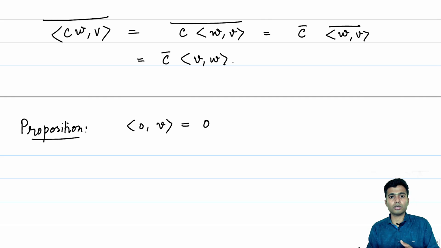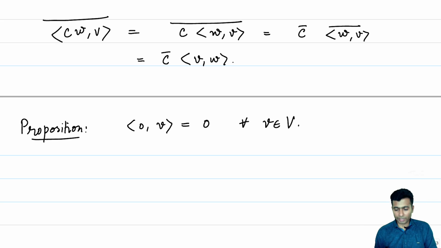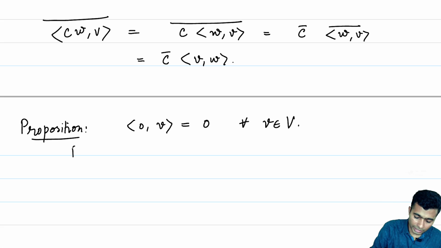So, depending on what vector space it is, it will be either the 0 in the complex numbers or the 0 in the real numbers, for all V in capital V. I have been sufficiently vague to imply that this is true in a real vector space or a complex vector space where inner products are being defined. Okay, so the proof is an exercise.